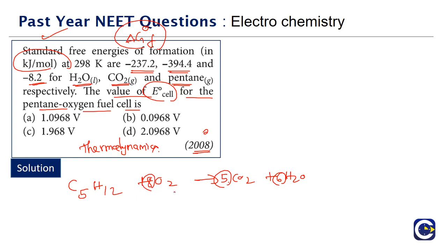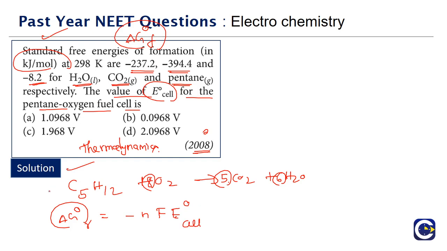If you look at this as a redox reaction, then if we know the delta G naught for the reaction, then delta G naught is equal to minus N into F into E naught. If you think about it like a reaction happening inside a cell, that's what happens in the fuel cell.